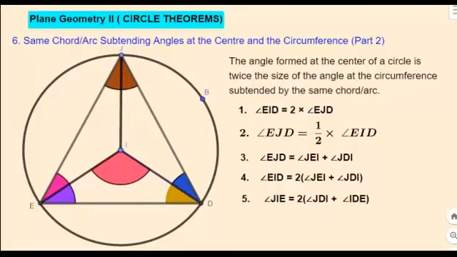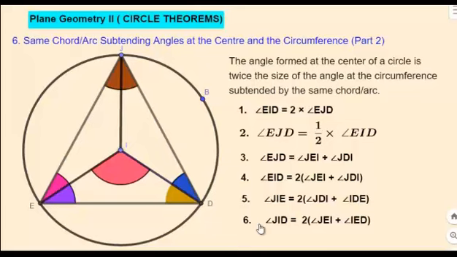Left with the last. When JD is also taken as a chord, it would subtend angle JID at the center and angle JED at the circumference. So this means that when we add these 2 angles and multiply them by 2, we would get the angle at the center, that is JID.